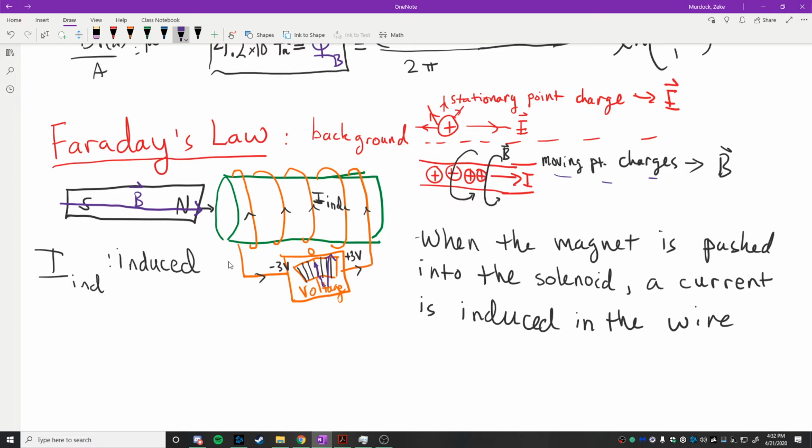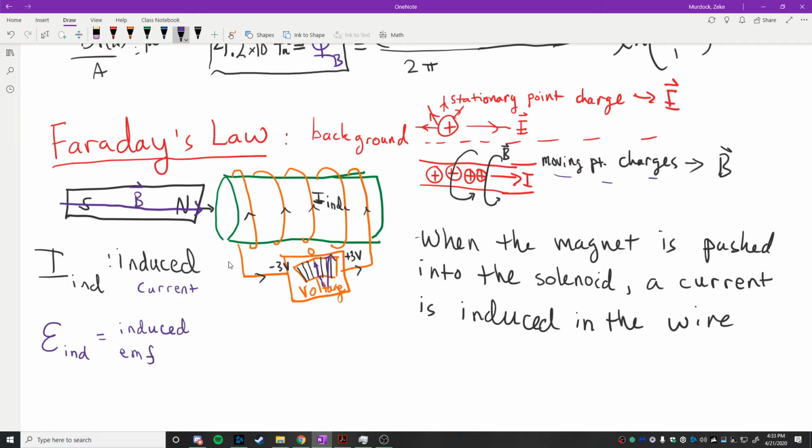And specifically how Faraday's law works is by this equation right here. We say that there's an induced current, okay? But we also talk about an induced EMF. So the symbol I use for that is EMF with a little I and D. This is going to represent the induced EMF, right? If there's an induced current, it's generated by an induced EMF.